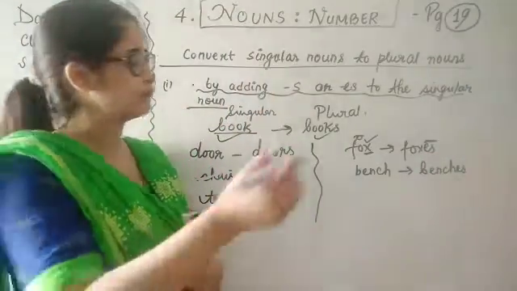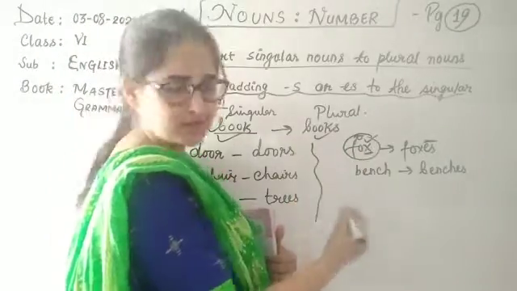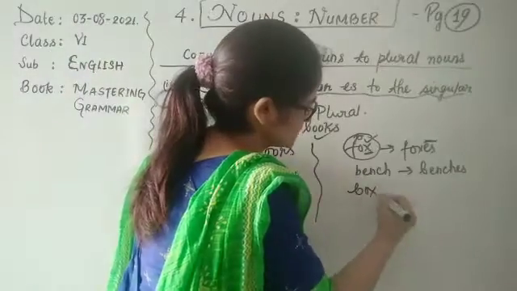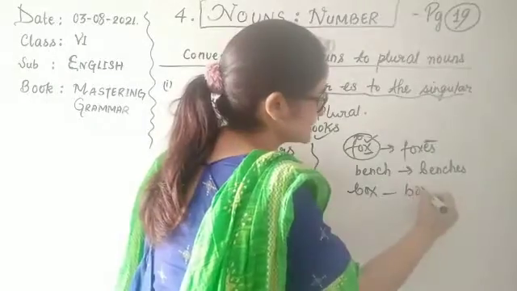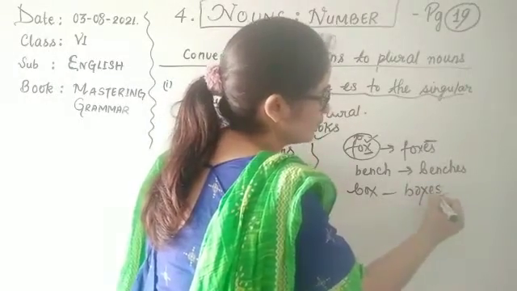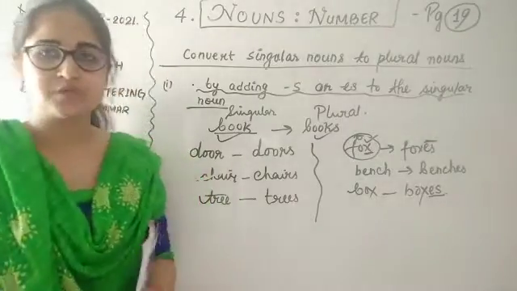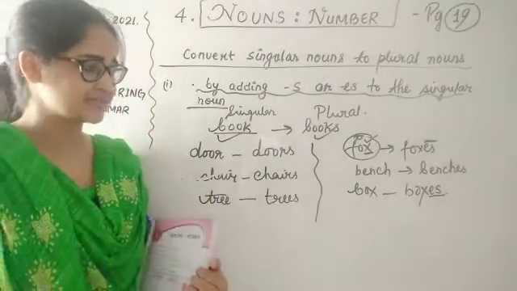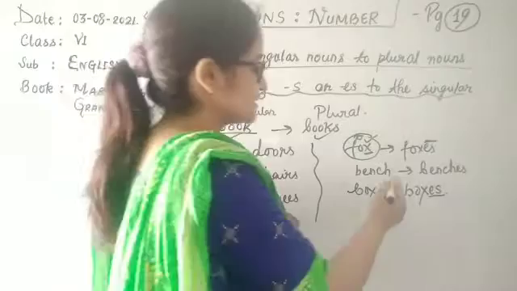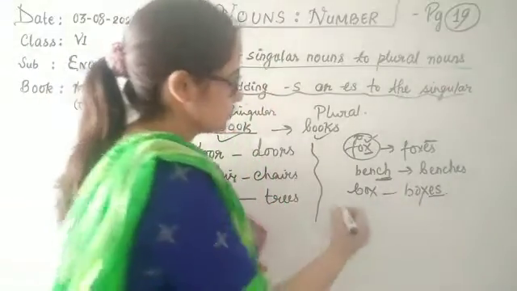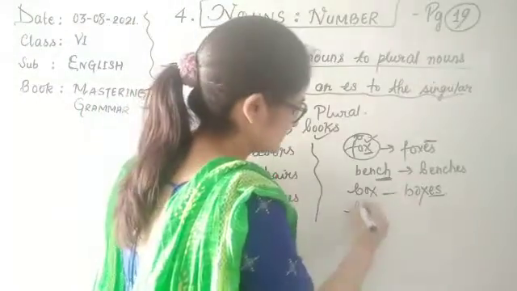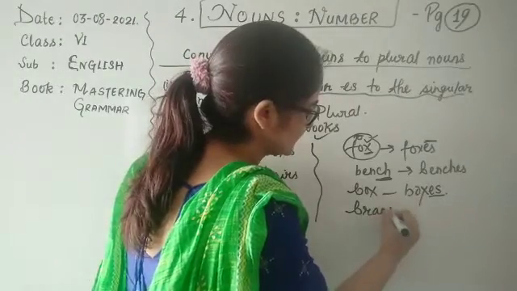Suppose if I would have not used fox here and I would have told you box, the same rule applies here as well. It will become what? It will become boxes. We are adding es to the words which end in x. For ch also, you should know this. Now see, bench, benches, branch. You see it's ending with ch.